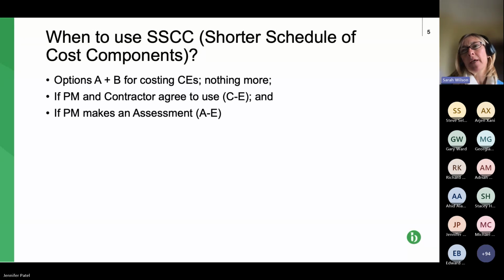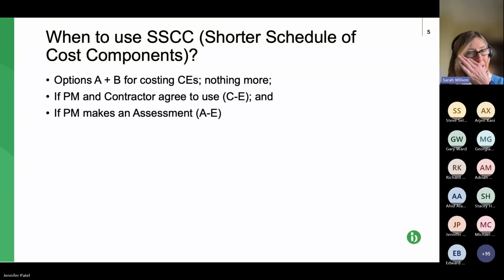And for the purposes of NEC 4, this provision's been removed, which probably reflects the fact that it's not well used. The final scenario is where the project manager is making an assessment. Now, again, I've never seen this used. It's been removed for NEC 4 and it applies for options A to E.